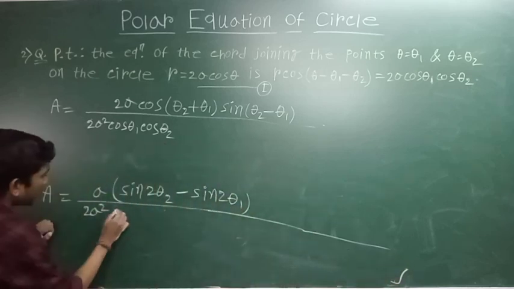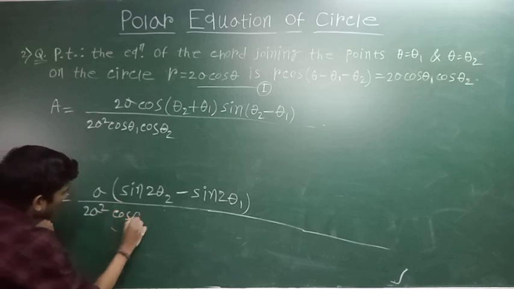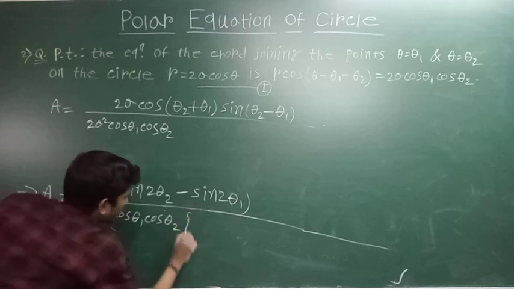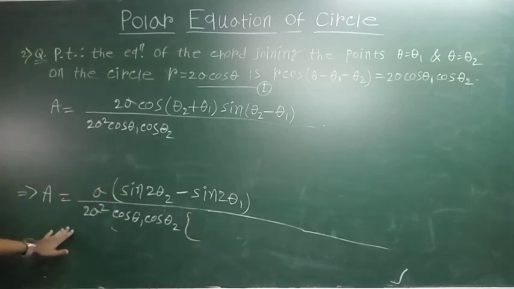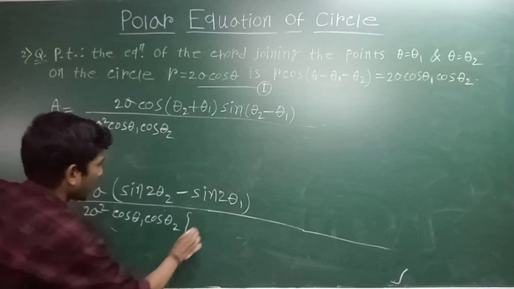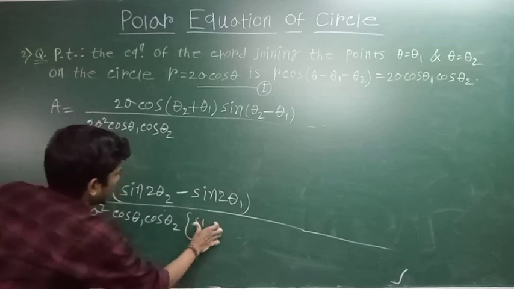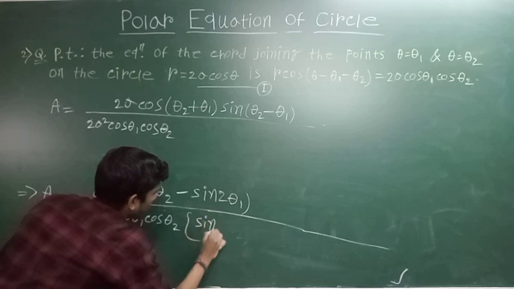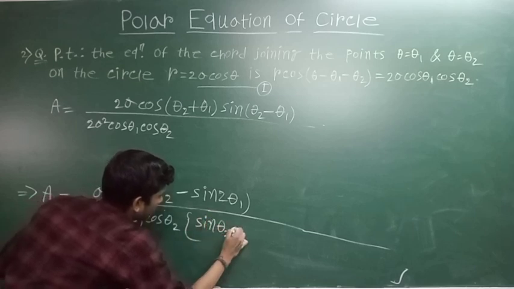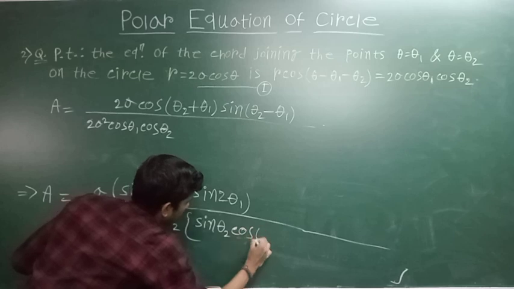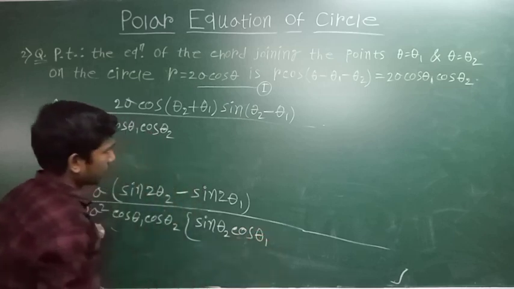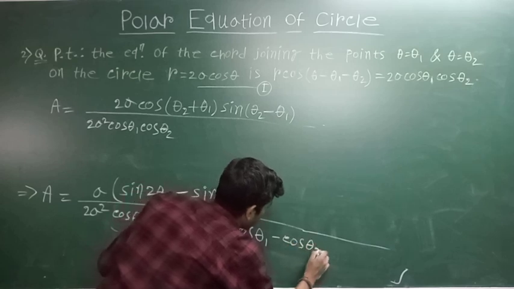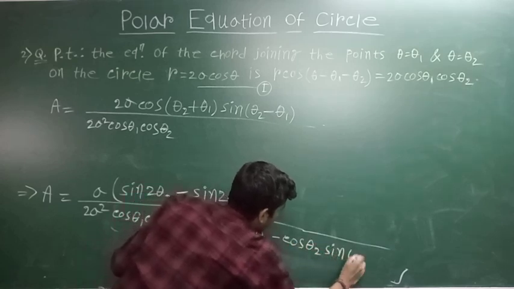Then we are left with sin theta 2 cos theta 1 minus cos theta 2 sin theta 1.